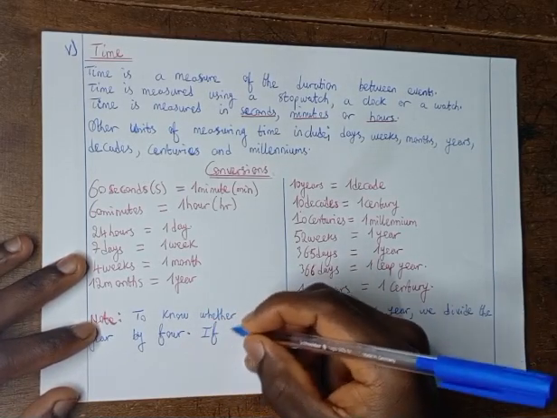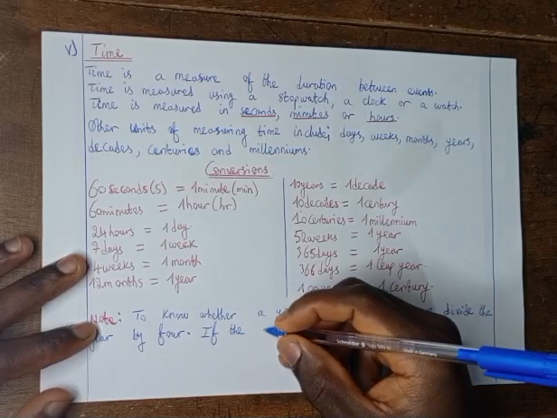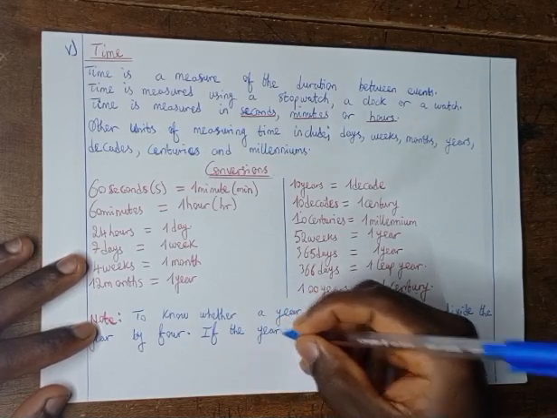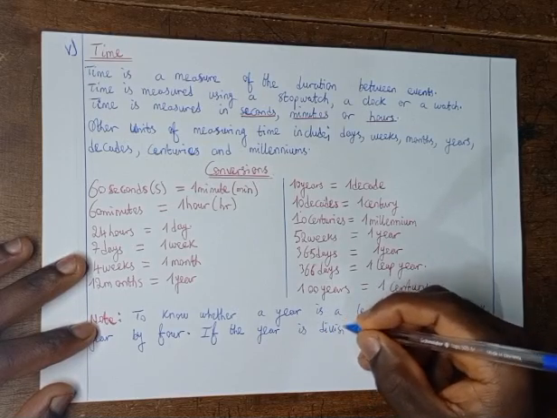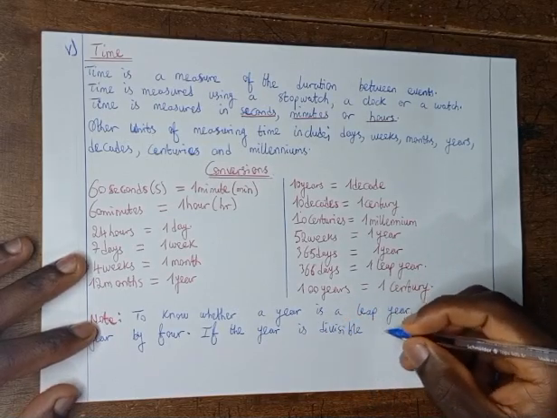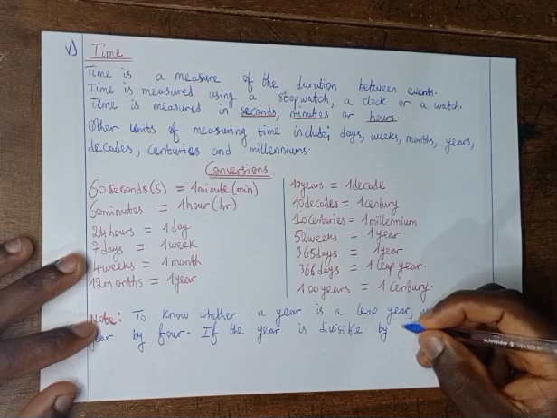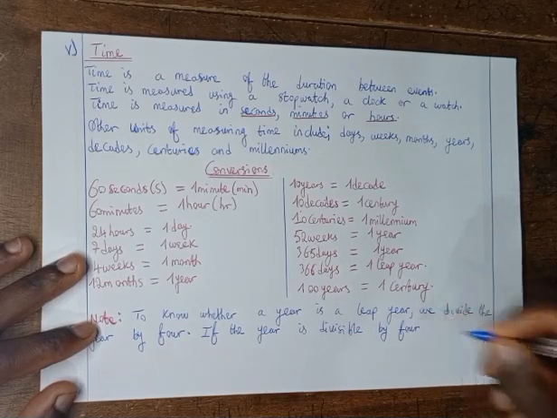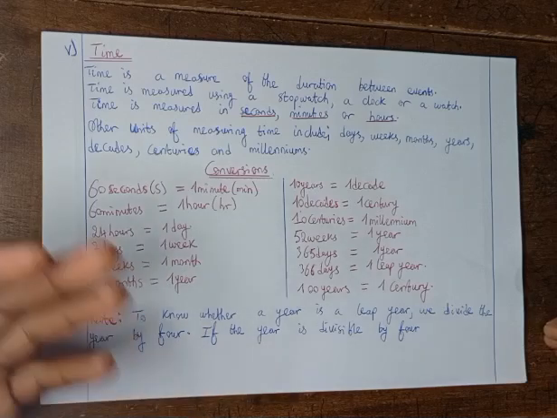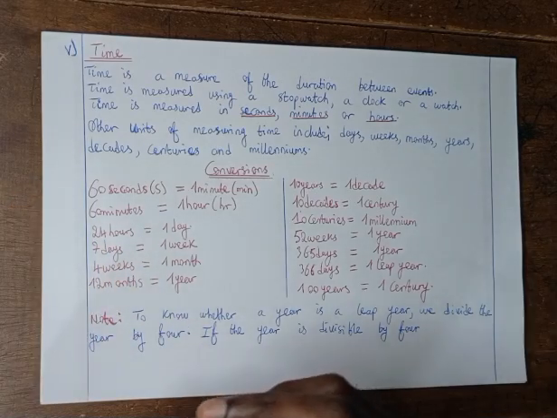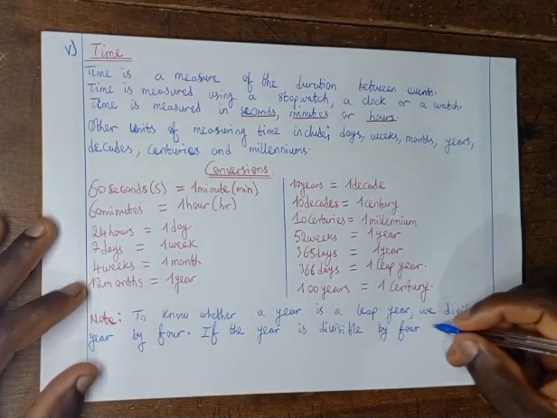If the year is divisible by 4, that means when we divide the year by 4, it gives us a whole number with no remainder.